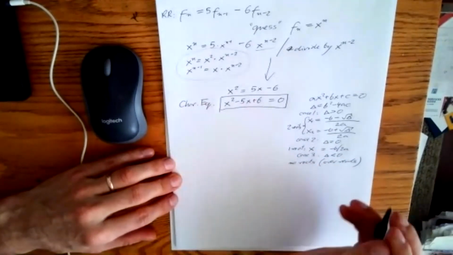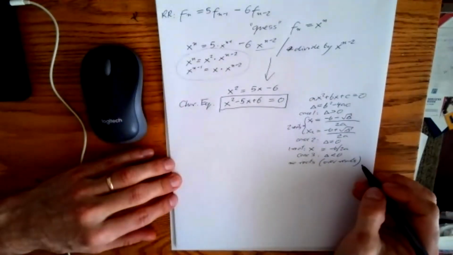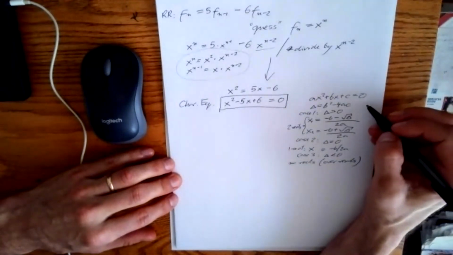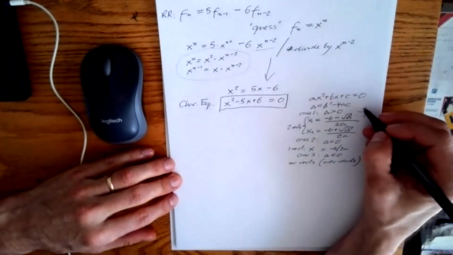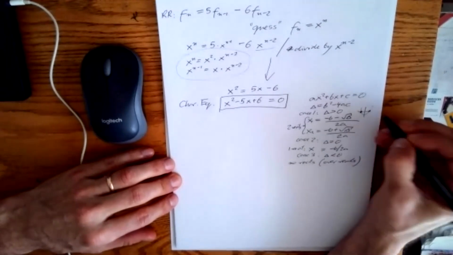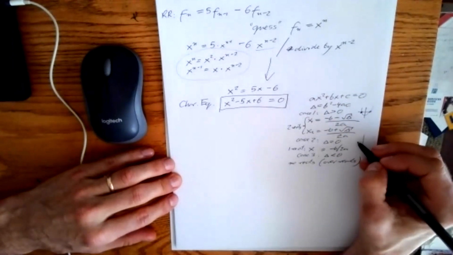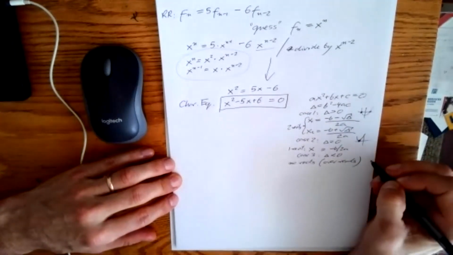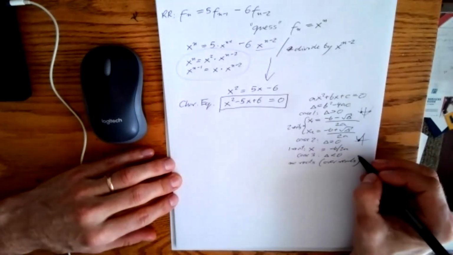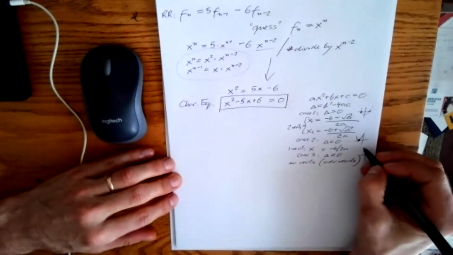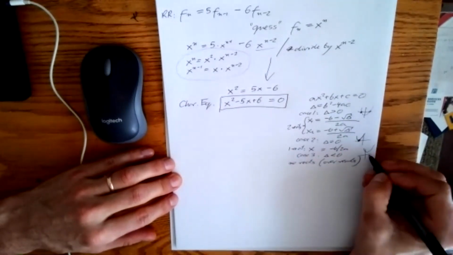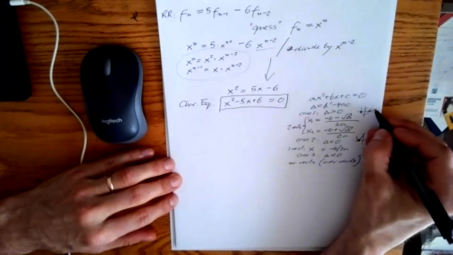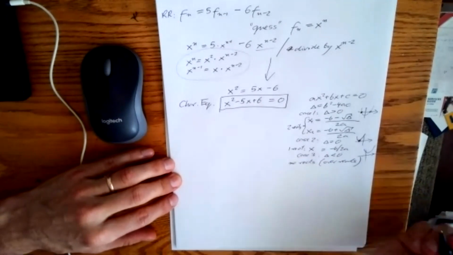This corresponds to a quadratic equation. If you look at the graphs of these quadratic equations, this would be the case of a quadratic equation that has two roots. This would be the case of a quadratic equation that has only one root. And this would be the case of a quadratic equation that has no roots, that does not cross the x-axis at all, right?